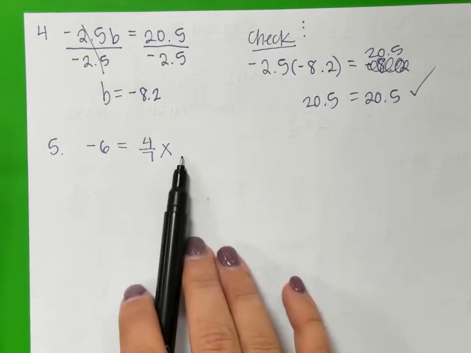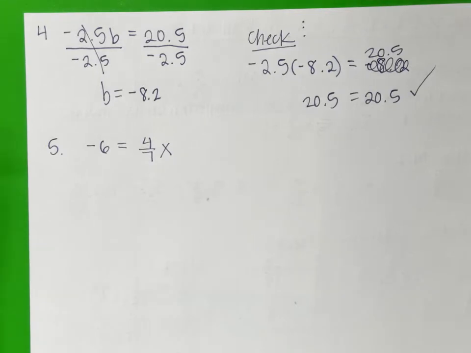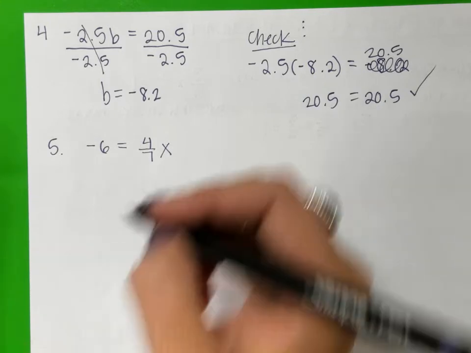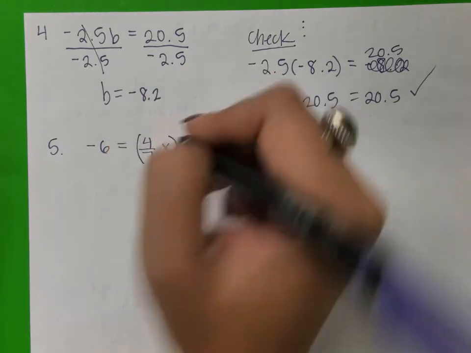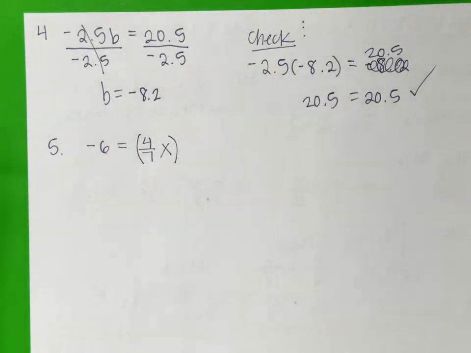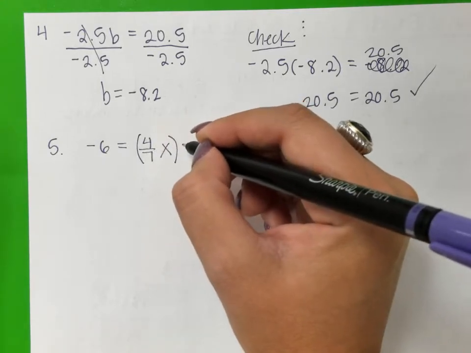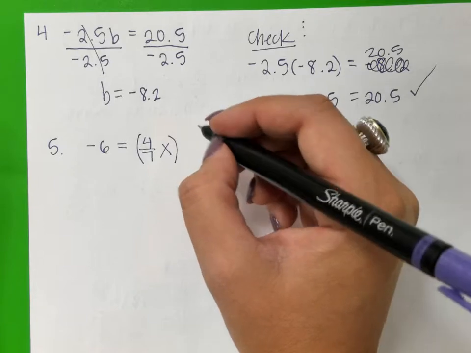Okay, I can divide both sides by 4/7, but remember, what was easier than dividing fractions? Multiply by my multiplicative inverse. So instead of dividing by fractions, I'm going to multiply both sides by its multiplicative inverse. So that means I'm multiplying 4 over 7x by what? 7 over 4.